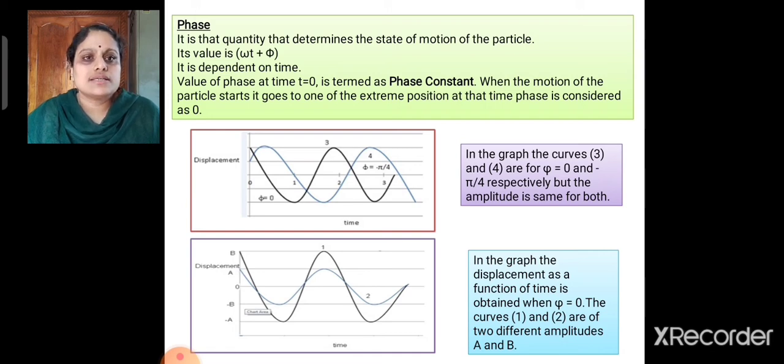Now let us look at the graphs shown in the slide. In the first graph, we are given two different curves which are of the same amplitude. But the starting point of each of these waves is different.